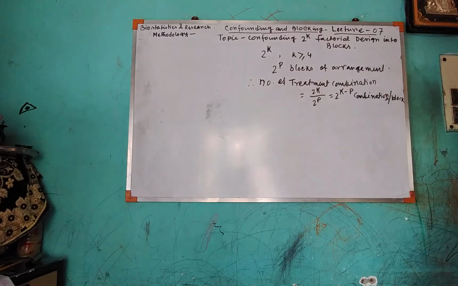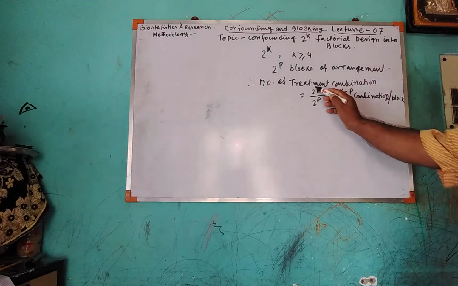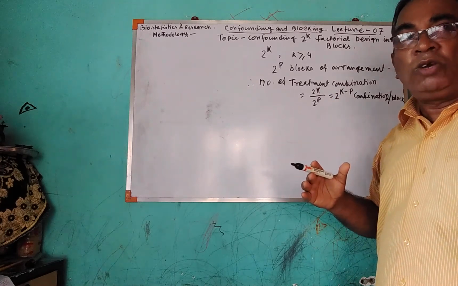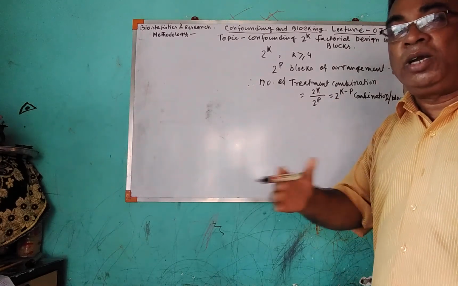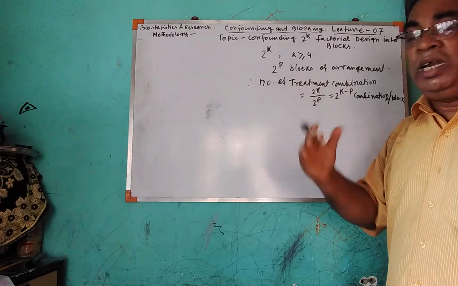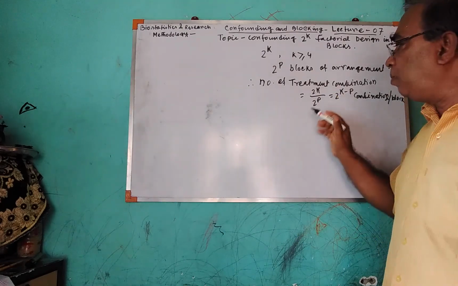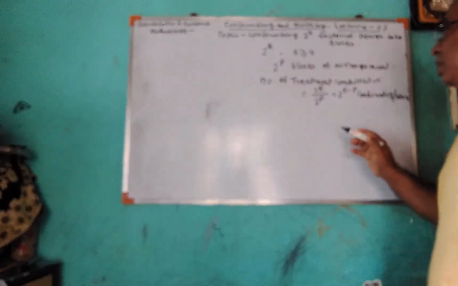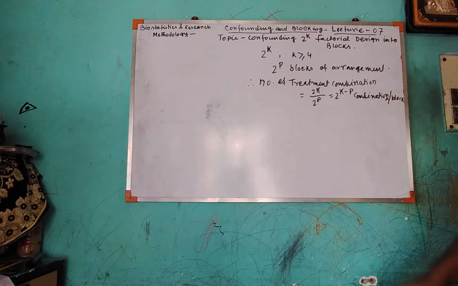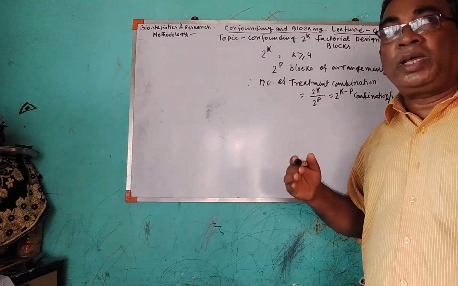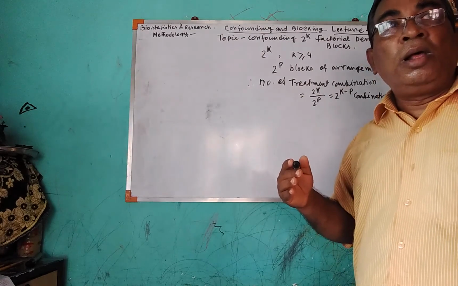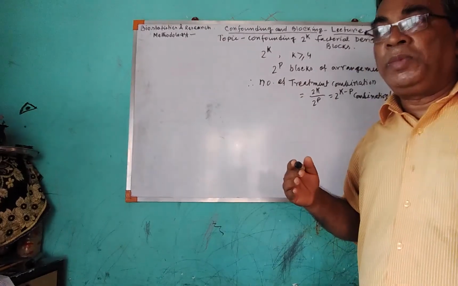Here the whole treatment combination is 2 to the power k, divided by the number of blocks. How many blocks? 2 to the power p blocks. Then per block it equals 2 to the power k minus p elements or treatment combinations contained in each block.